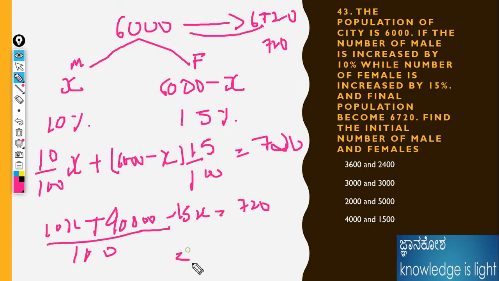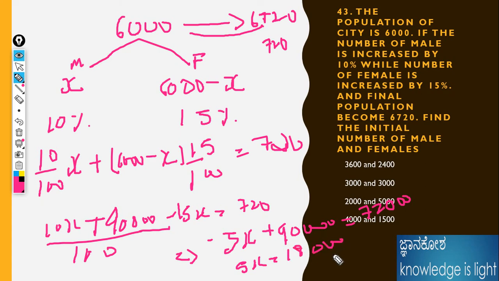Therefore the answer should become minus 5x plus 90,000 is equal to 72,000, isn't it? 5x is equal to, I'm writing here because no space is available, 18,000. Therefore x value: 5 threes are 15, 3 carry 5, 6 threes 3,600.